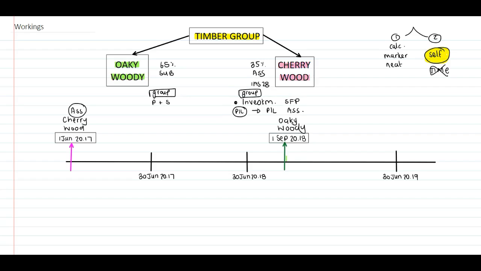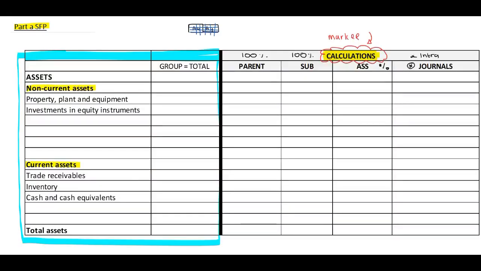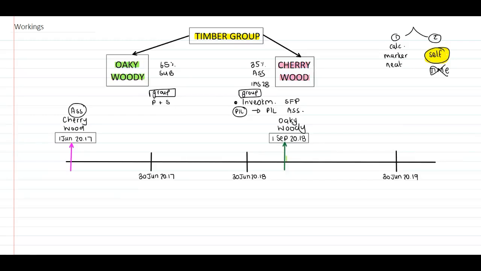Look at the difference. Therefore, immediately we have now identified that we need to include in our template here, guys, investment in associate. Because we have an associate. You with me? Right.